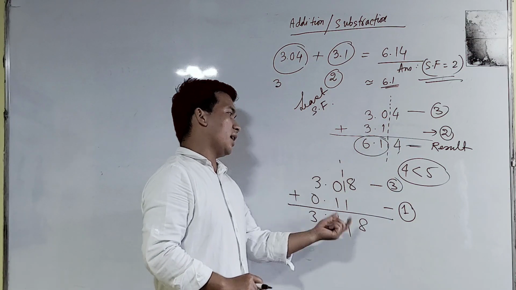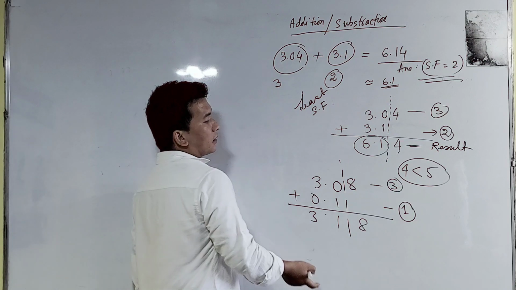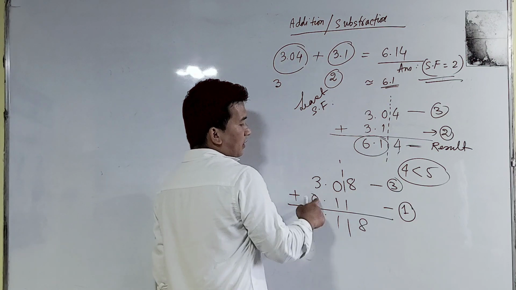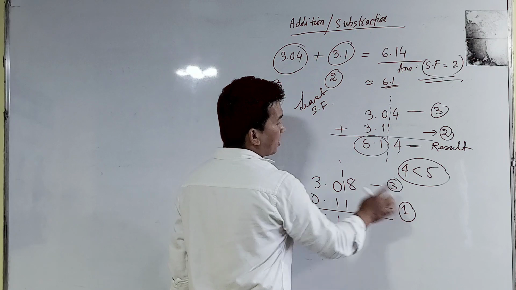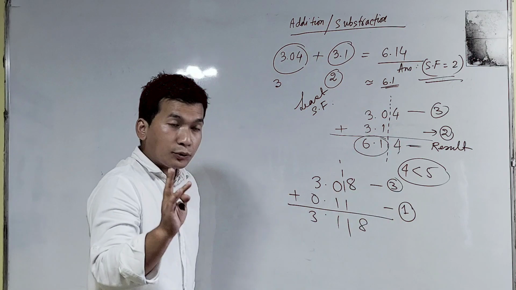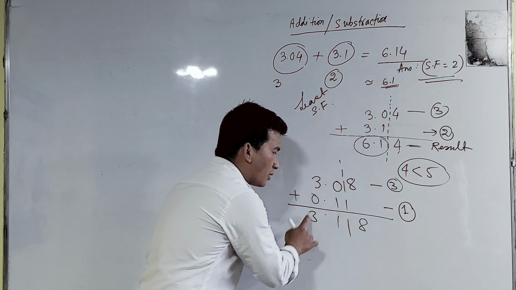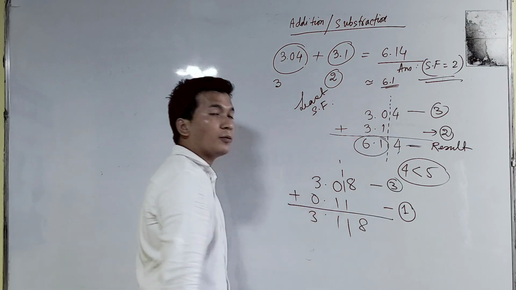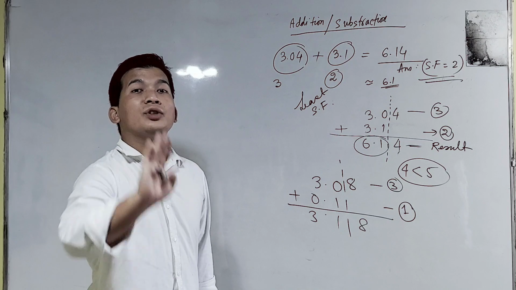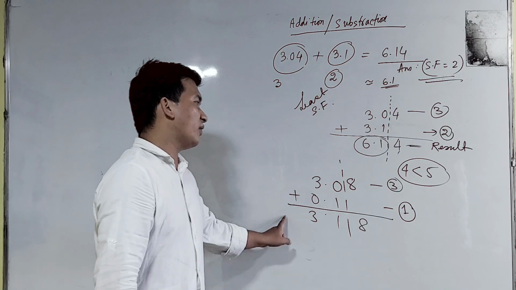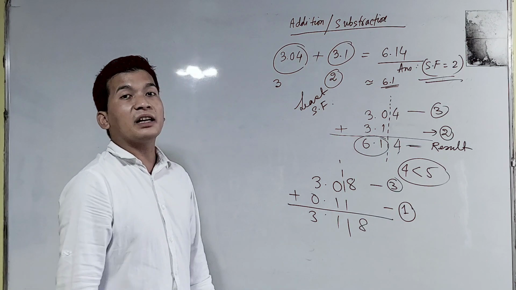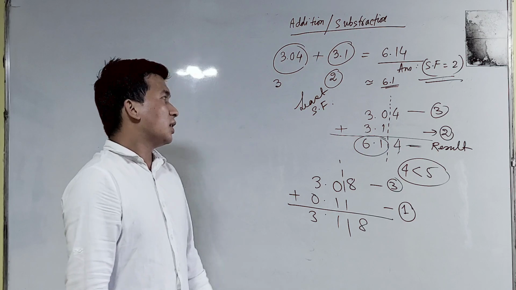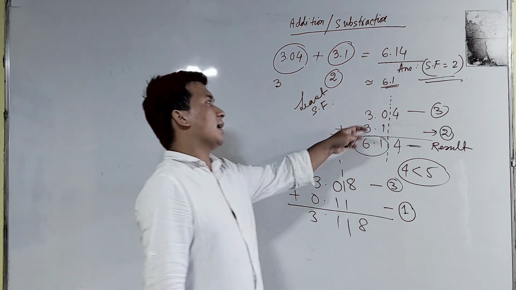While taking the answer, even though the second number has only one significant figure, we are going to take the two digits 3.1, and if we take this 3.1 as our answer, then it will have two significant figures. Understand the concept.